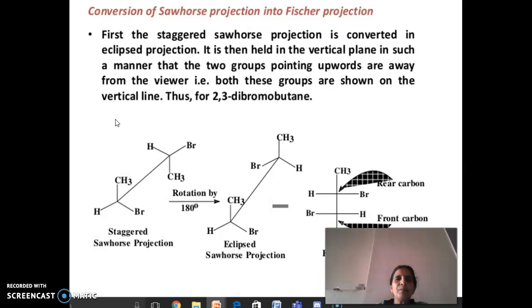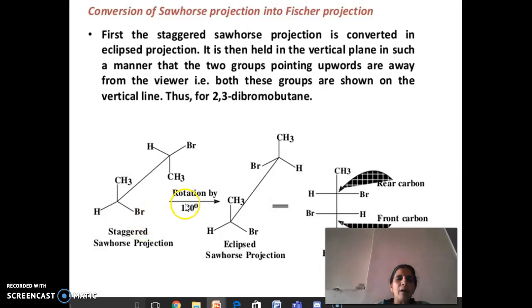First, the staggered Sawhorse projection is converted into eclipsed, and it is then held in the vertical plane in such a way that the two groups pointing upwards are away from the viewer, and both these groups are shown on the vertical line. Thus, in case of 2,3-dibromobutane, this is a staggered form of Sawhorse projection of 2,3-dibromobutane.